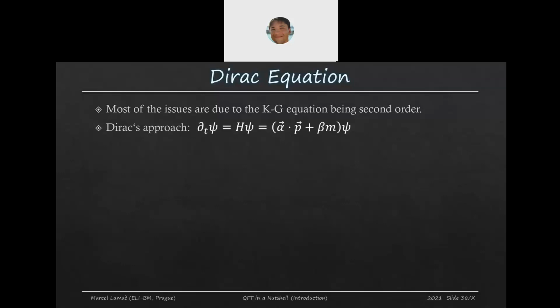So when you calculate the conservation of probability, you apply one time derivative with respect to the probability, and you will get that it is not constant, because obviously the time derivative of the wave function is not constant, right?